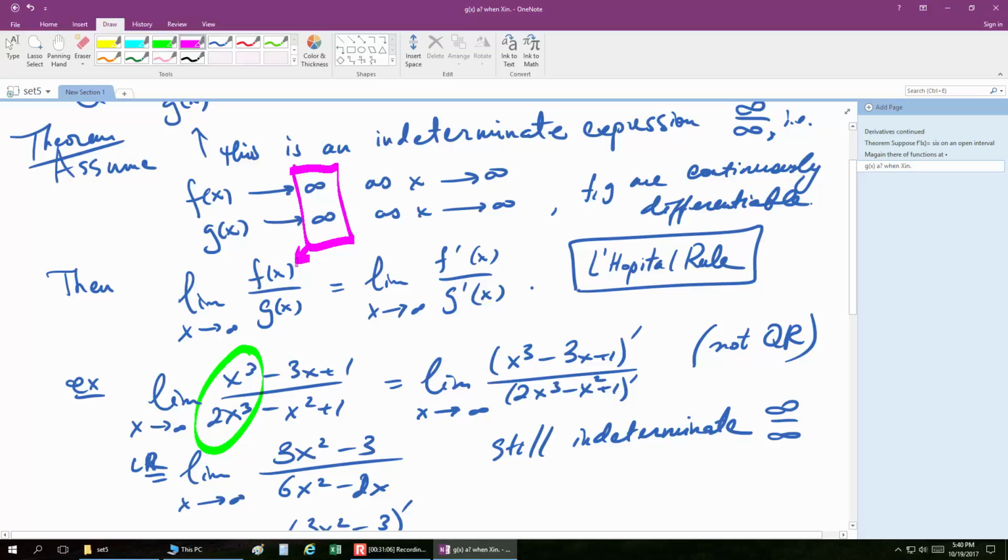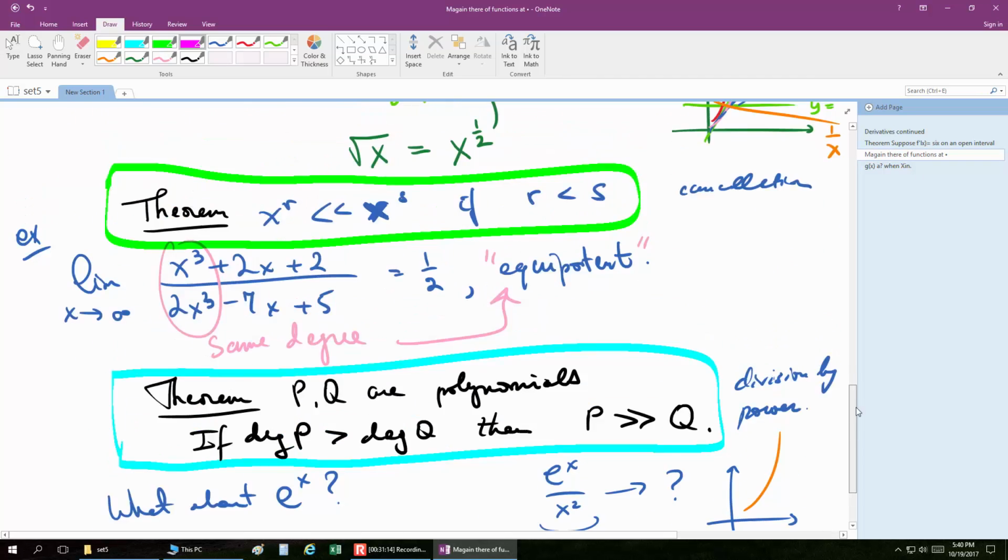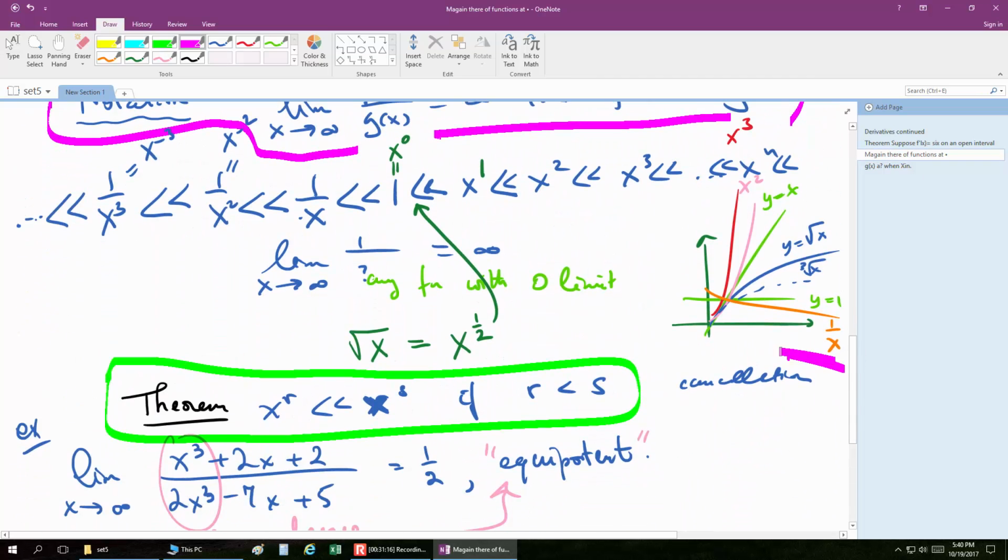But another popular indeterminate expression is 0 over 0. Remember what we tried to classify over here. In addition to infinities, there are functions that are actually small. They go to 0. And once again, we can ask ourselves, does it go to 0 fast enough in comparison to another function?